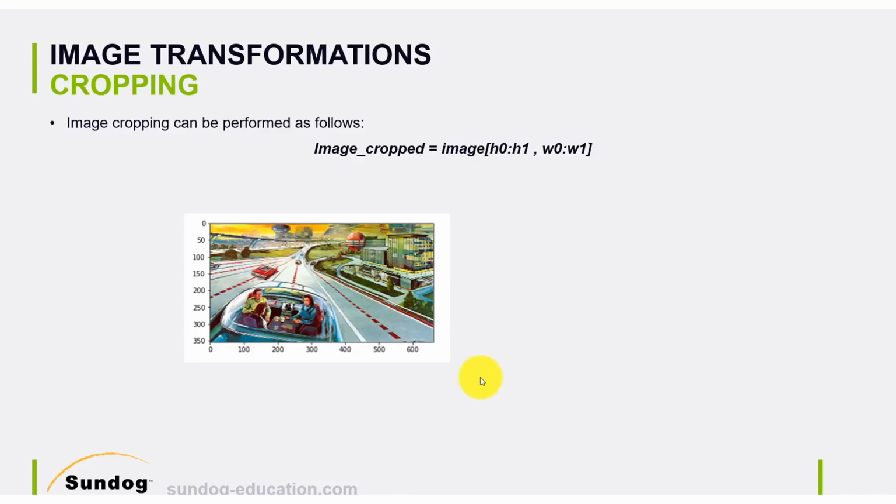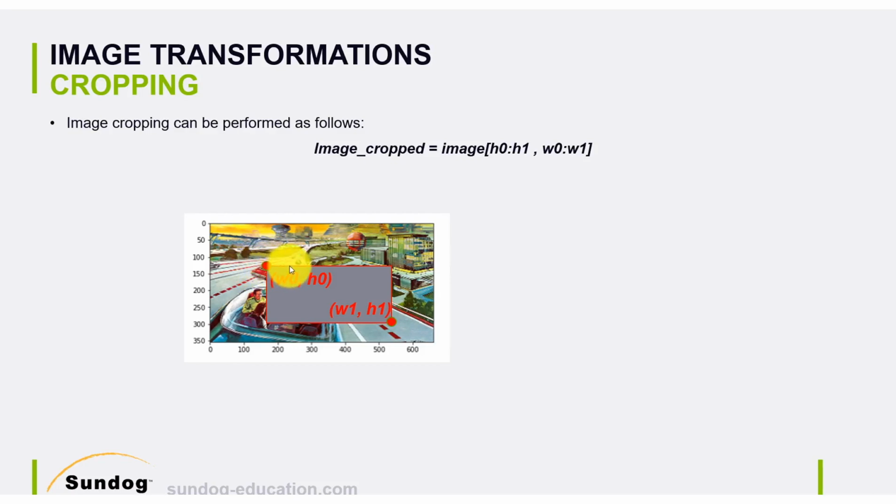So first of all, how to crop an image, how to cut certain parts of the image. Again, it's very simple. Let's assume that we wanted to crop this section within the image. So what I need to do is use the image, and go within the image using the indices of W0 and H0, which is the location of the top left corner.